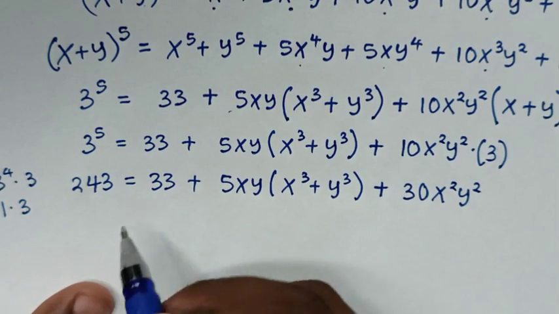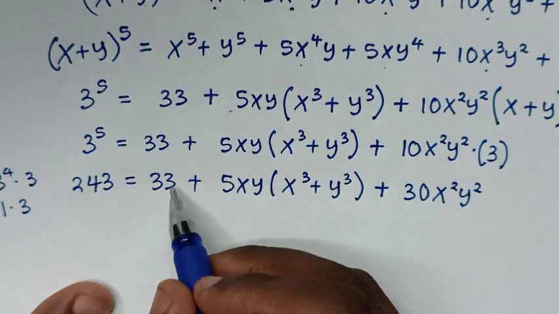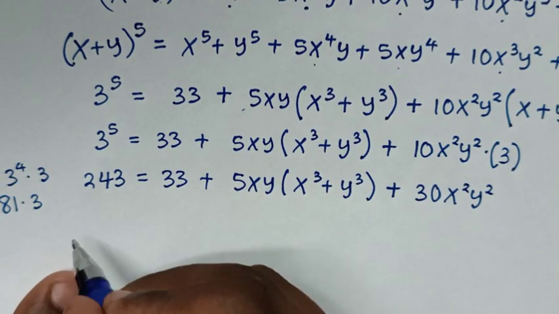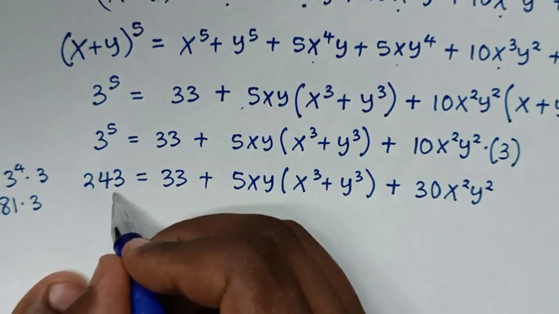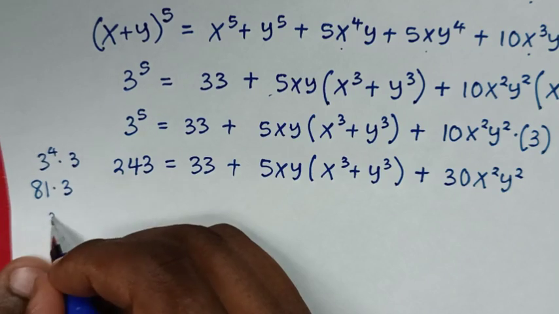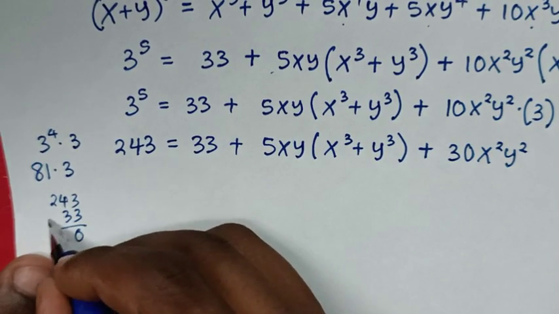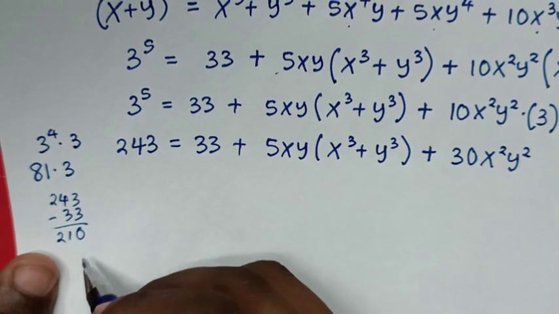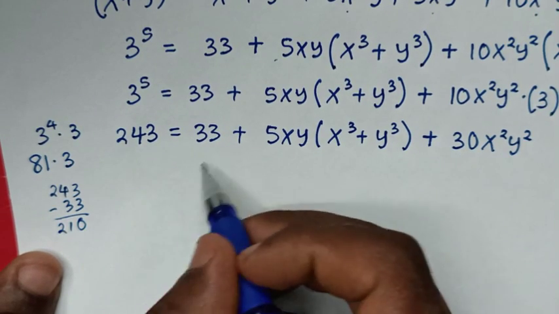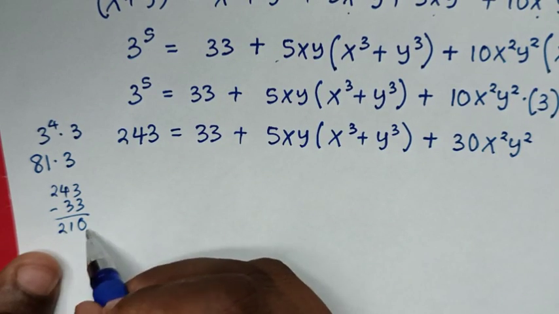Then from here we'll take this to this side, so we'll subtract 33. 243 minus 33 is 210. Because we take it to this side, it will be negative 210.